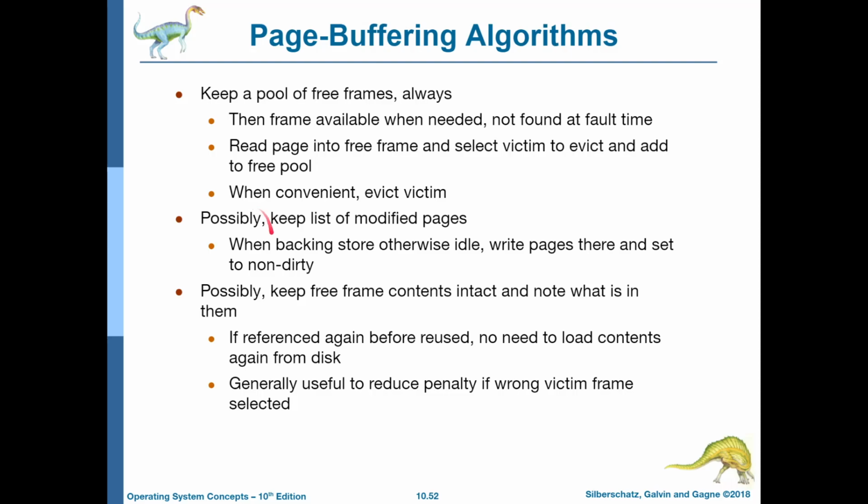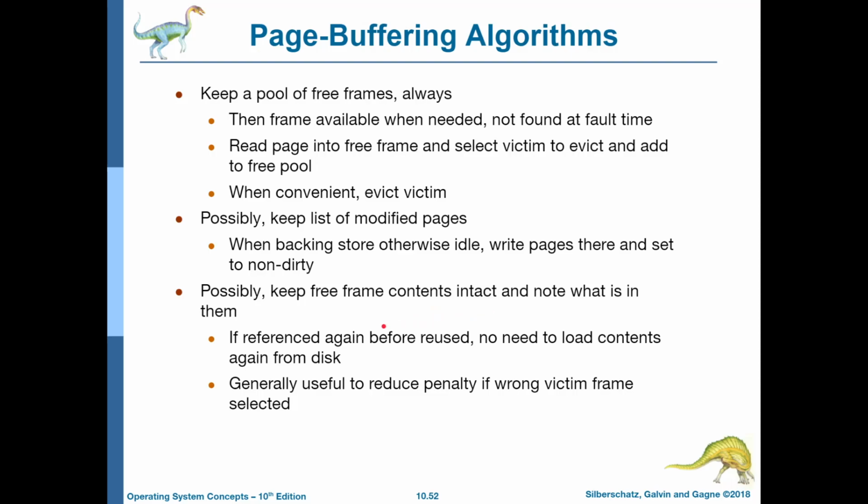We can also use a list of modified pages, and when the CPU is idle, we can go ahead and write pages and set them to non-modified, so that those pages are more likely to be freed up. We can also keep free frame contents intact.